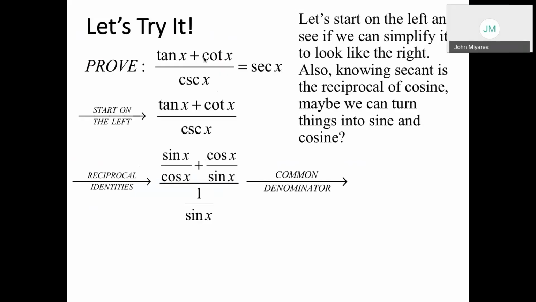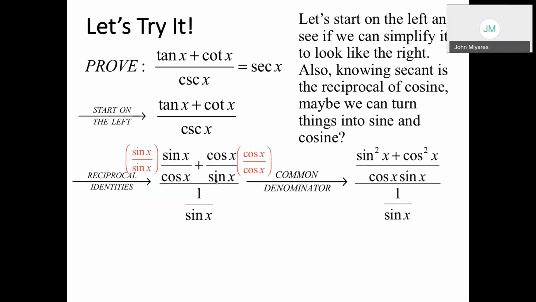The common denominator will be cosine of x times the sine of x. So the first fraction needs to be multiplied by sine of x over sine of x, and the second fraction needs to be multiplied by cosine of x over cosine of x. Doing this will give us sine squared of x plus cosine squared of x all over the common denominator, cosine x times sine of x, and then we're dividing all of that by 1 over sine x.